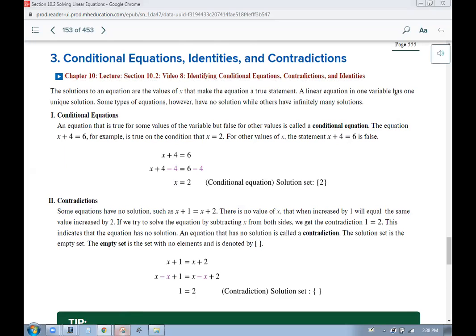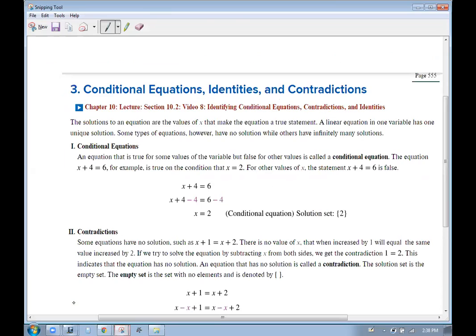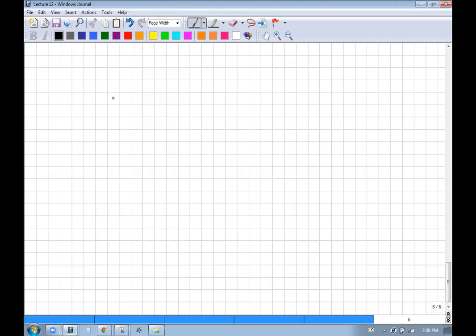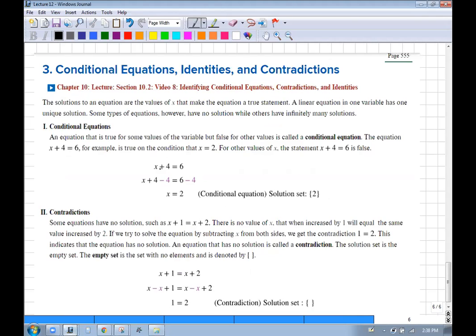So we use the equality symbol in a lot of different ways, and you kind of have to understand from context what they mean. Like conditional equations like this one, it's only true in the condition that x is 2, right? Otherwise, it's not true.